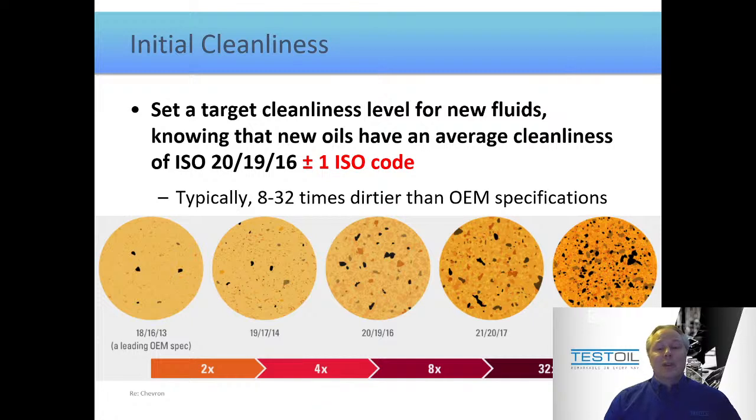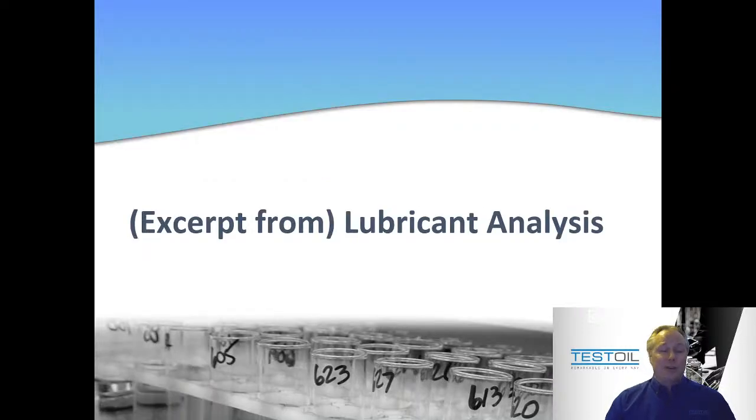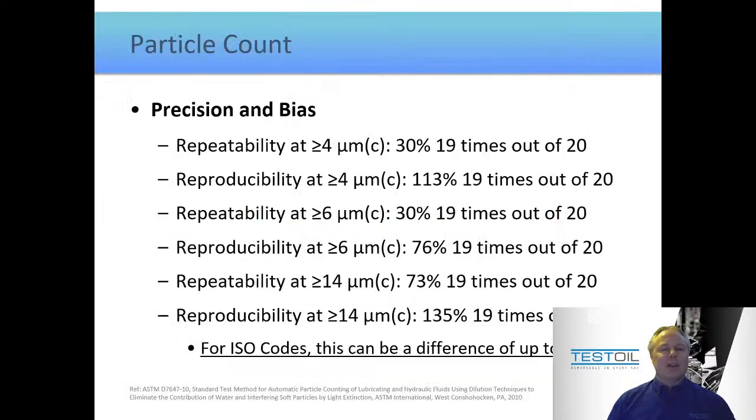Well, let me show you another little excerpt. When we go through our lubricant analysis section and we go through all the different testing, one of the things I focus on towards the end of each of the tests is a precision and bias statement, where I point out how accurate or inaccurate a test can be allowed within the standards. And the ASTM standard for optical particle counting provides us with this list of data here.